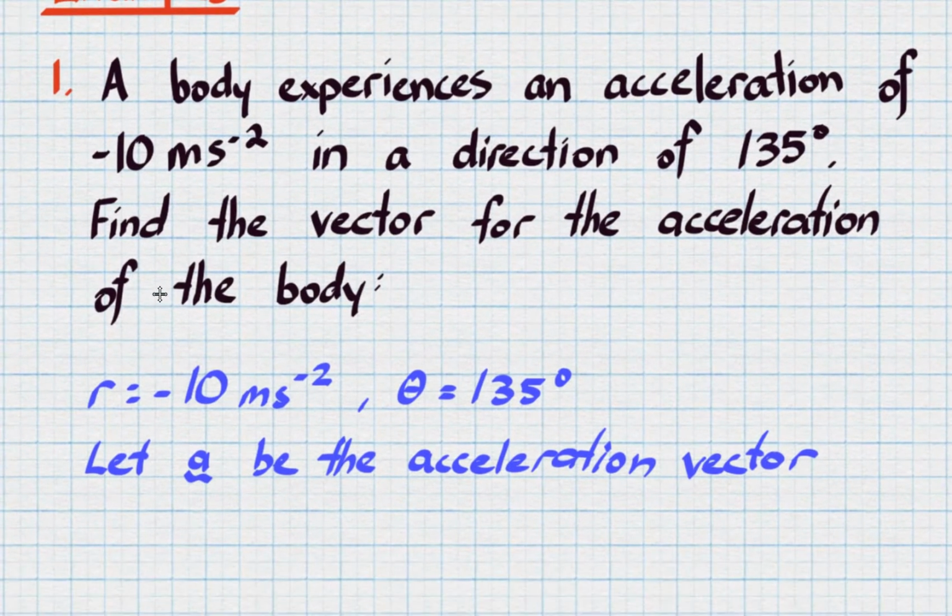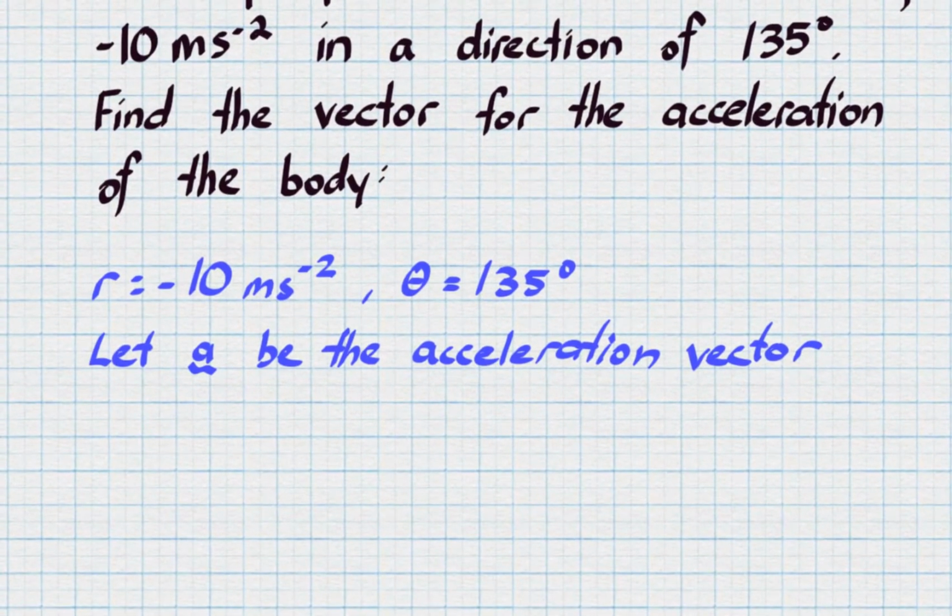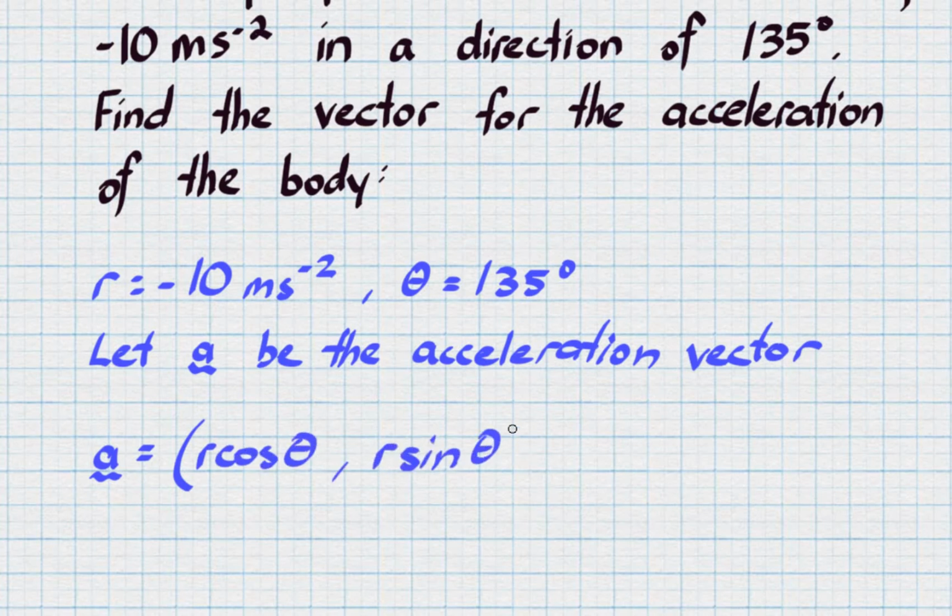So this means that our vector A is equal to r cos theta, r sine theta. And so for us, that means we have an r value of negative 10 and a theta value of 135 degrees.